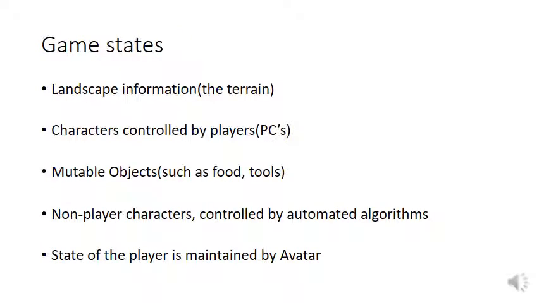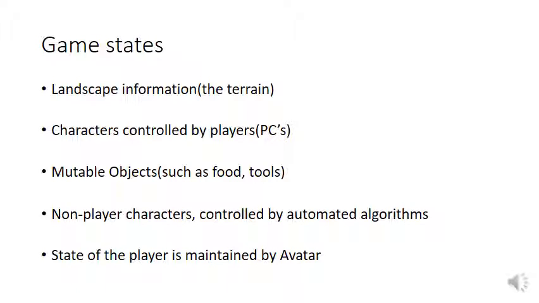So, some of the basic game states that we can have in these online massive games are the landscape terrain in which the player moves. These are all just static things like grass, land, trees, and all the environmental things. Then there's the characters that are controlled by the players, sometimes also known as the game avatar.